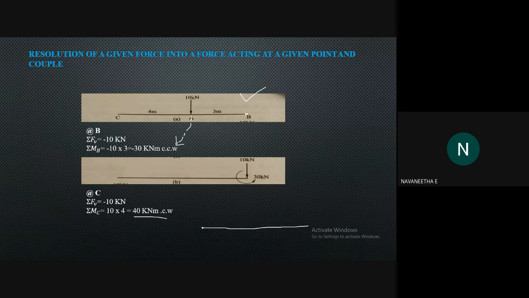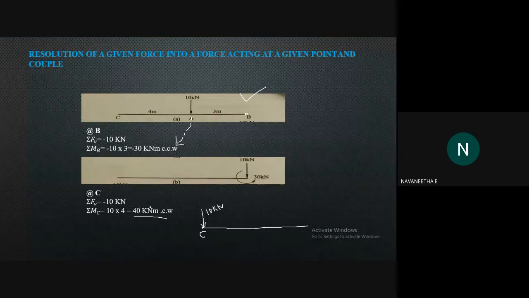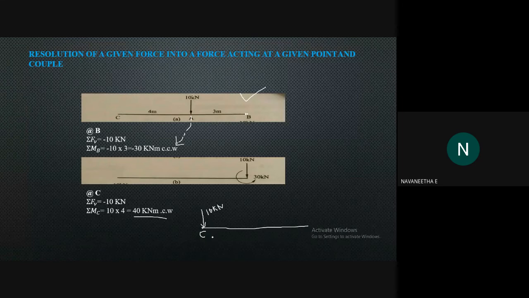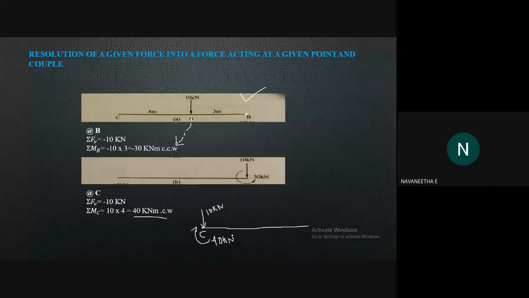We have to transfer the force to the point C. So 10 kilonewton should be acting in the downward direction at point C, and we have to consider the moment also. So 40 kilonewton meter clockwise direction. It is not counterclockwise, it is clockwise. So the rotation is like this, clockwise. Just apply that moment of 40 kilonewton meter at the point C.